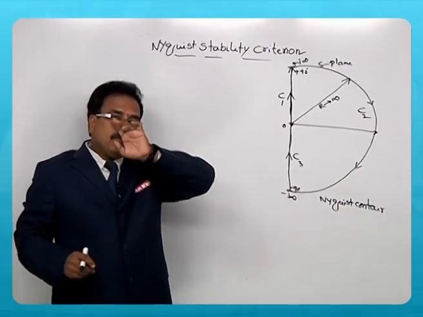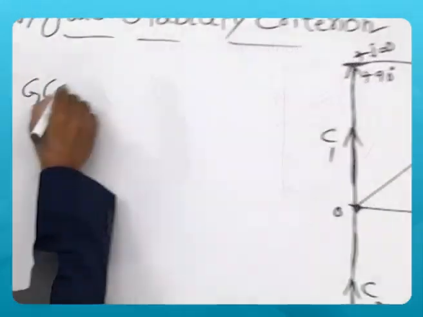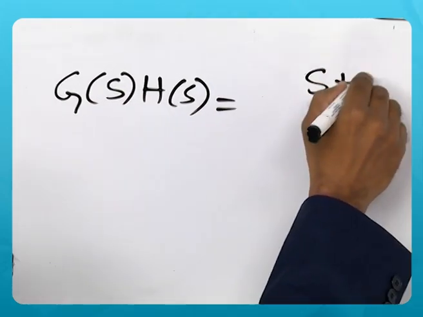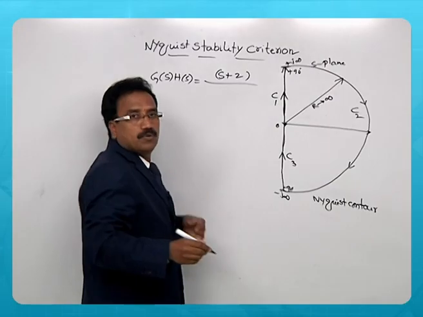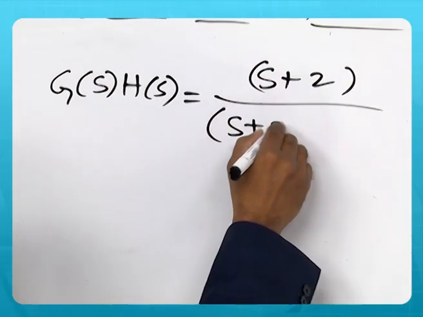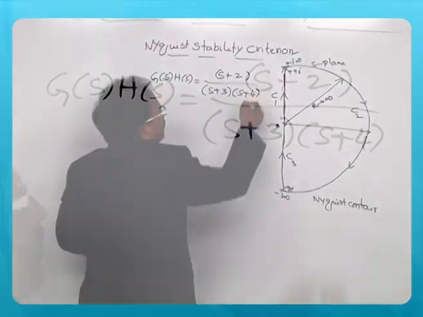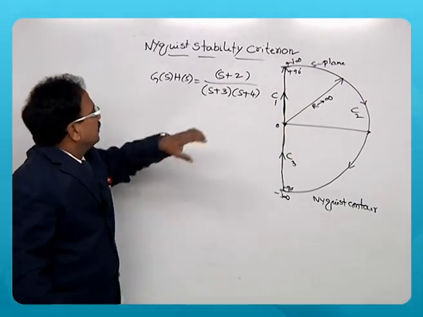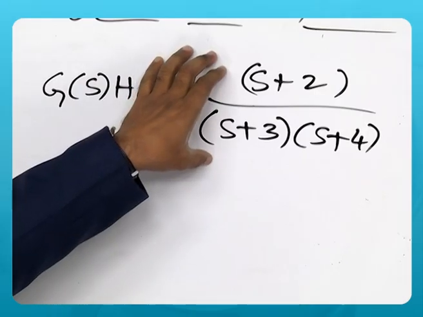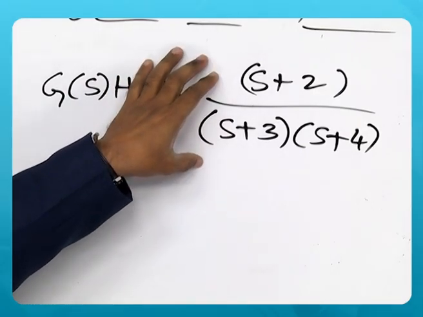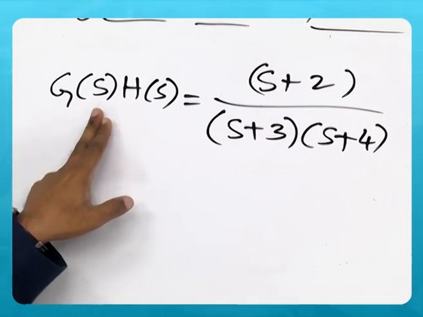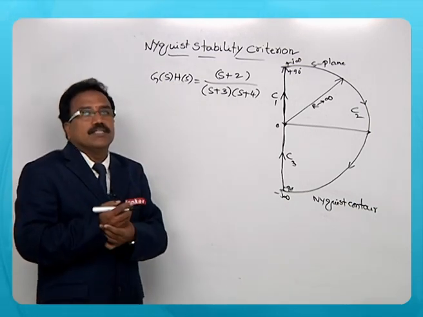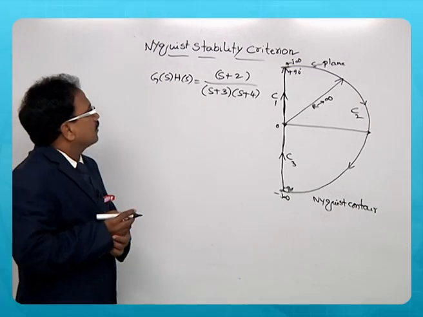This Nyquist contour can be considered for a problem where G of S into H of S is some function with poles and zeros, like S plus 3 into S plus 4. So this is well valid. You need to draw the Nyquist contour, then draw the polar plot, then draw the image of the polar plot, then replace S by R e power j theta. Then you can assess the stability of the closed loop system.